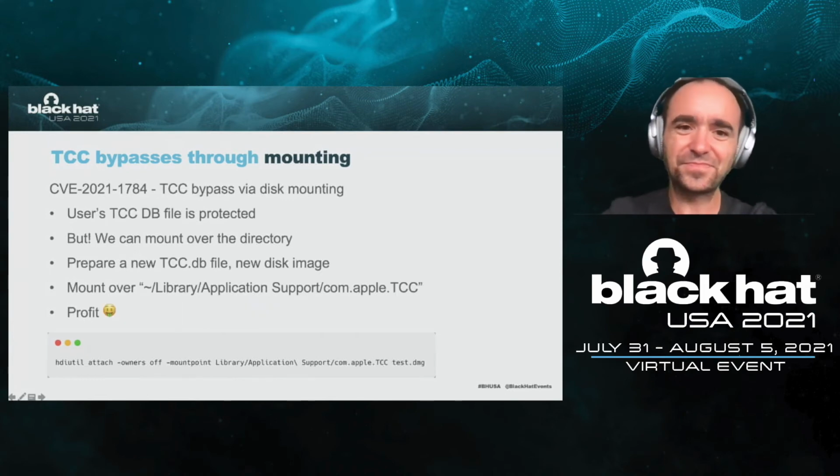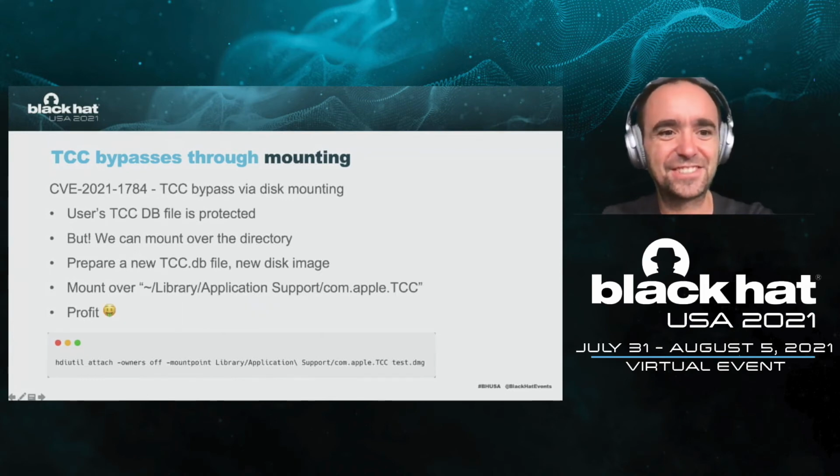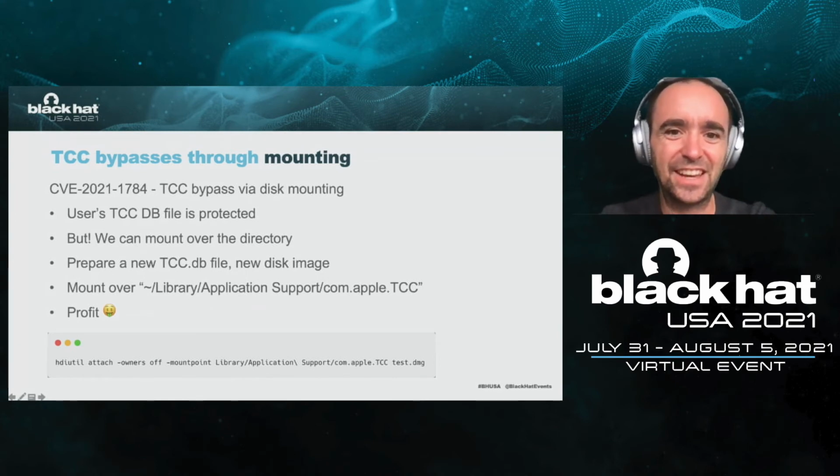The other bug was fixed this year, and it also involved mounting. So we discussed that the user TCC database file is located in the library application support com Apple TCC directory. There is a tcc.db database file inside. Now, macOS properly protects this file, so we cannot read or write into this file, so we cannot modify it and add custom rules into that.